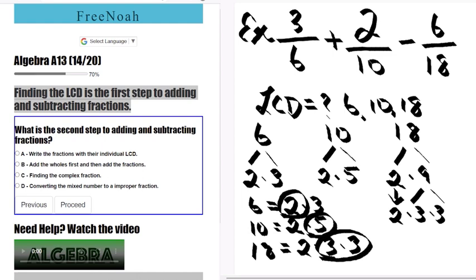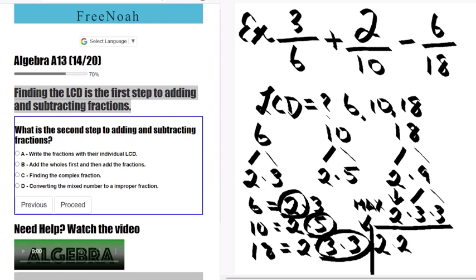And here we have 3 times 3, which is the maximum number of times that 3 comes out. In the number 6, you only get times 3 one time, so that gets excluded. That does not get included in our multiplication for the LCD.